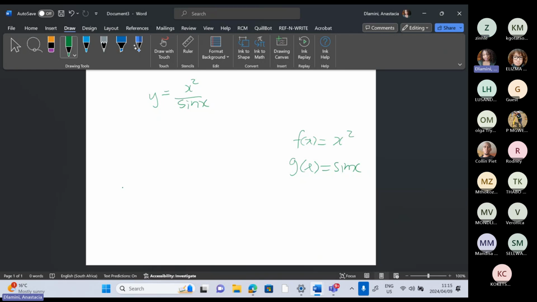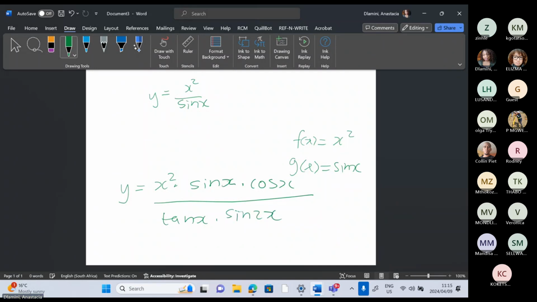What happens if we have y equals x squared times sine of x times cos of x over tan of x times, let's say, sine of 2x? What happens if you have that?